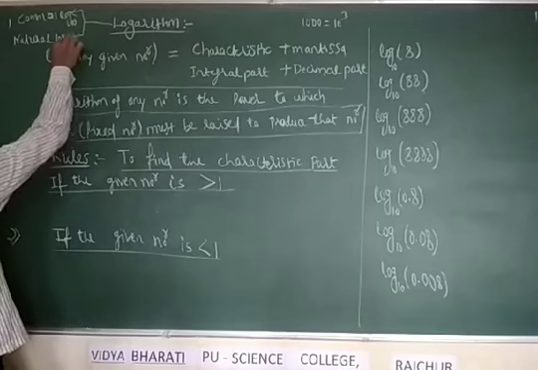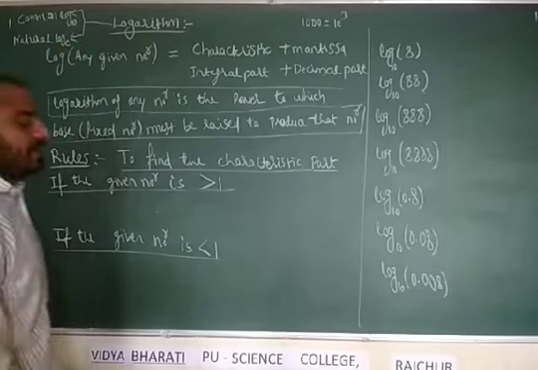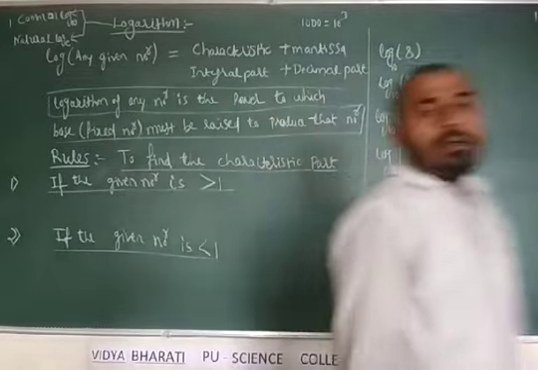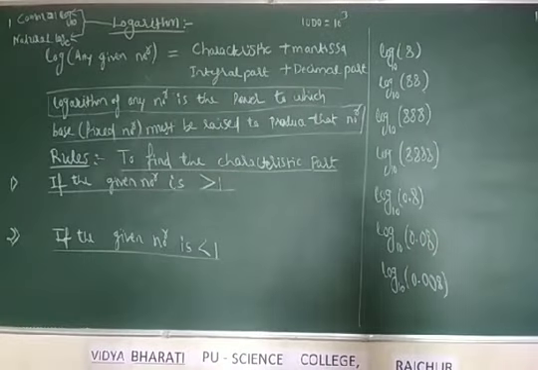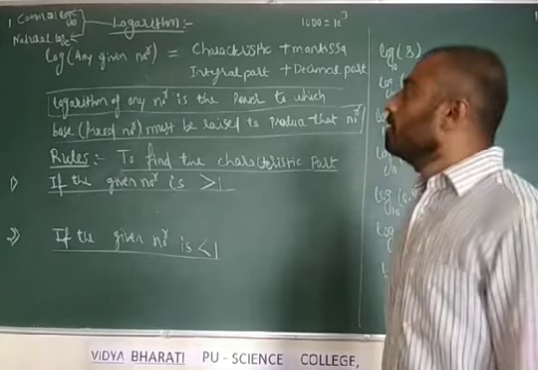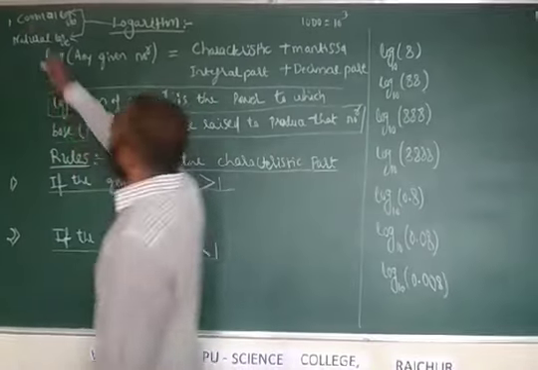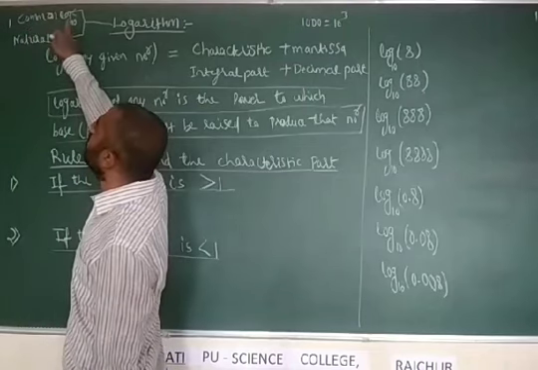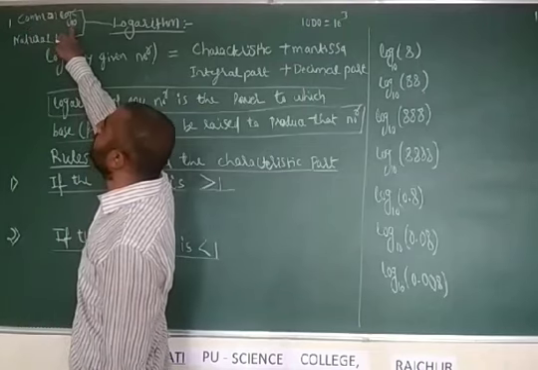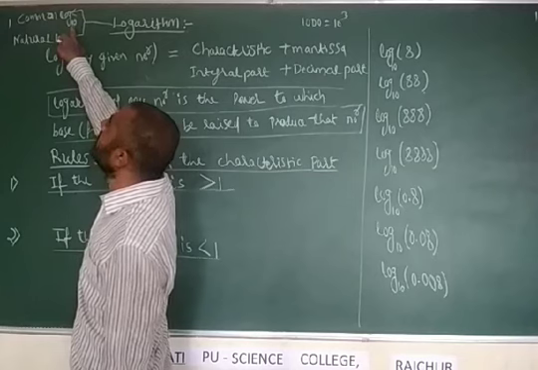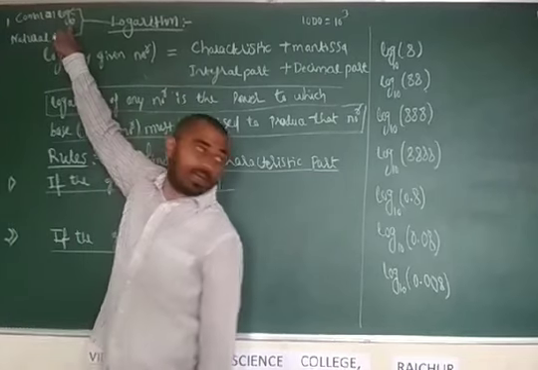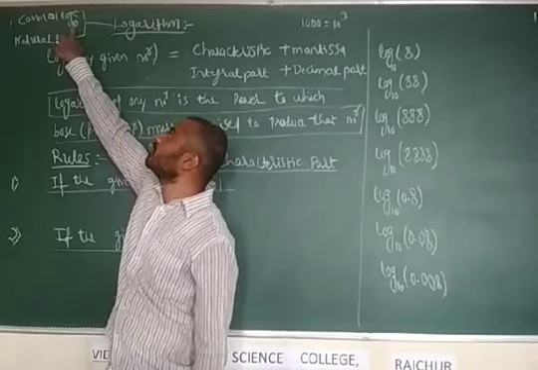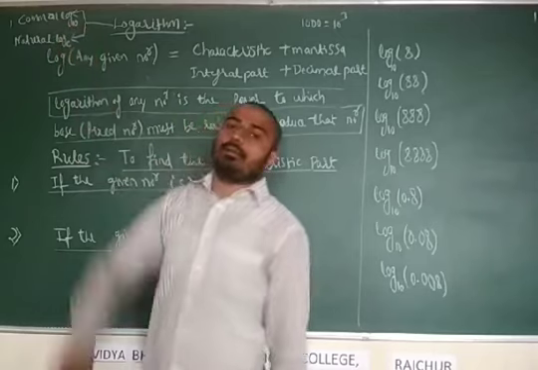In Napier's logarithm, the base is e. It is named after the mathematician Napier. So 2 types of log are there. In common logarithm, the fixed base is 10, and any given number can be expressed in terms of a power of 10.